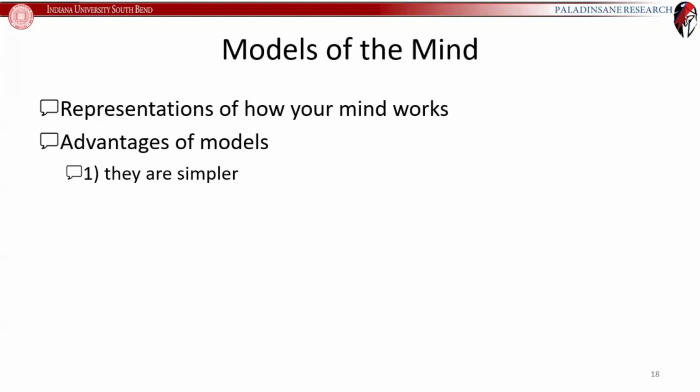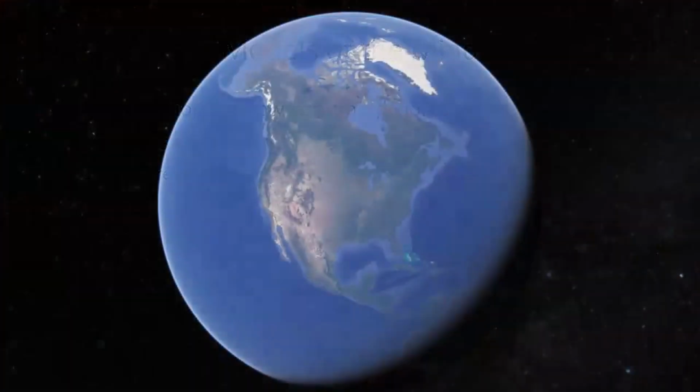So let's give you a concrete example, not of a model of a mind, but a model of something else that hopefully we're all familiar with, which is Earth, more specifically, North America. So this is not North America. This is a model of North America, right? And we actually are standing on North America.